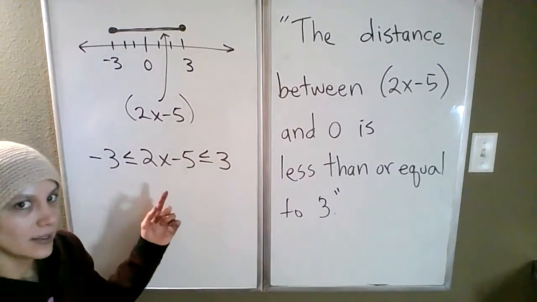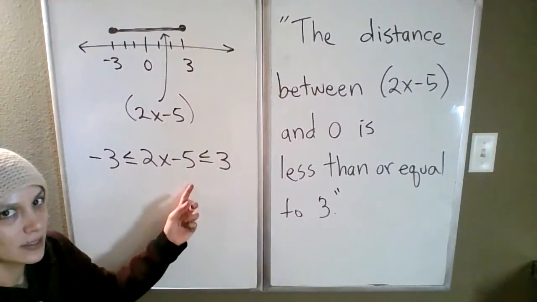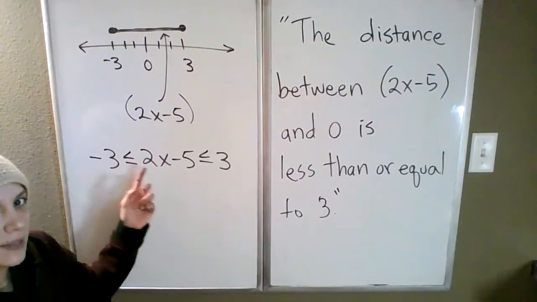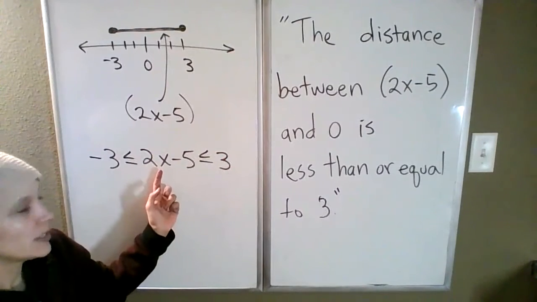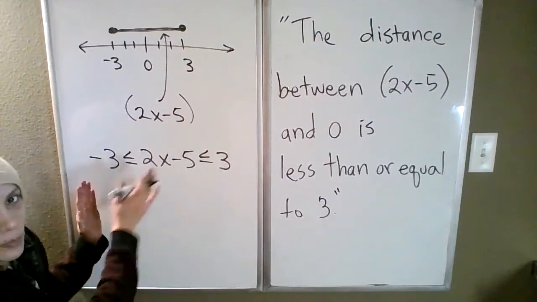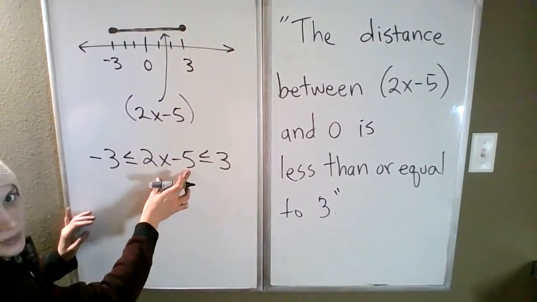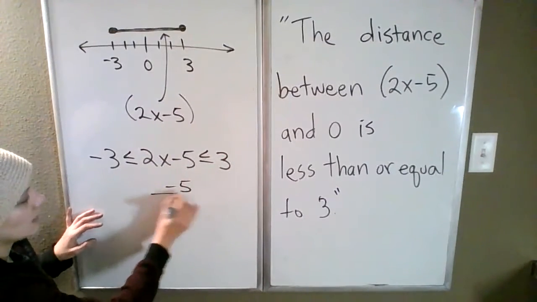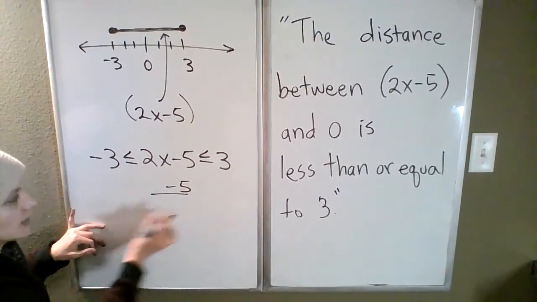I'm really glad that we've gotten a problem like this because I didn't get to go over this example on Tuesday. When there's 3 different pieces, you solve for x by doing your operations to all parts of the problem. So if I subtract 5 from the middle, I have to subtract 5 from this end and 5 from that end.